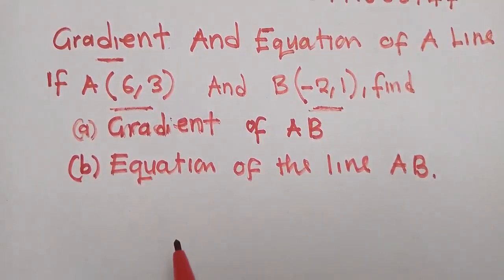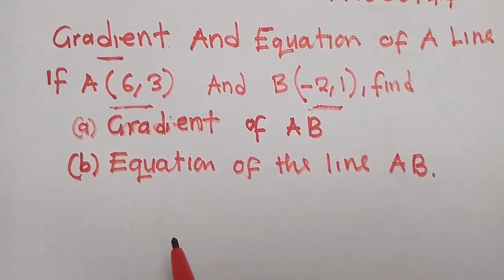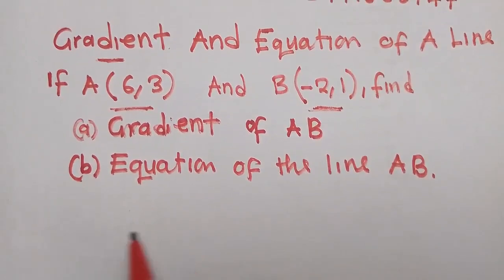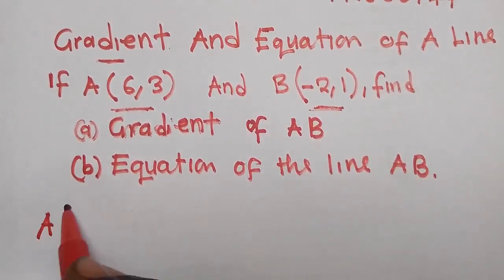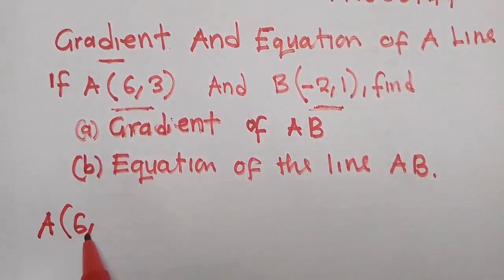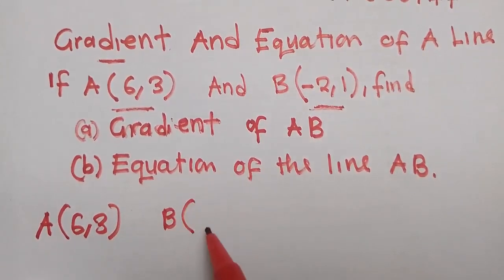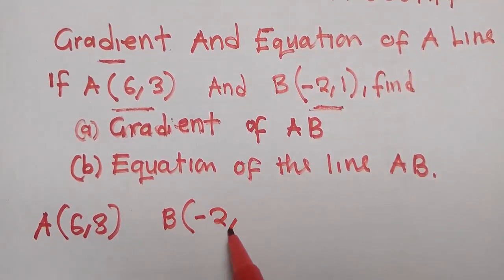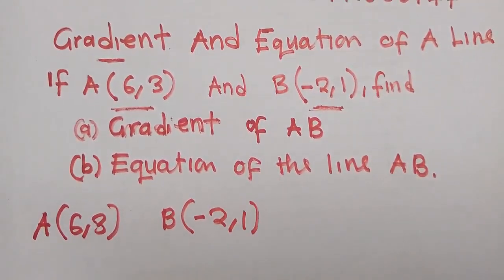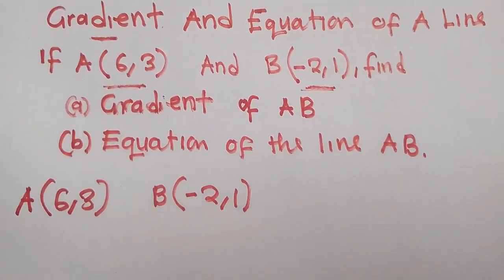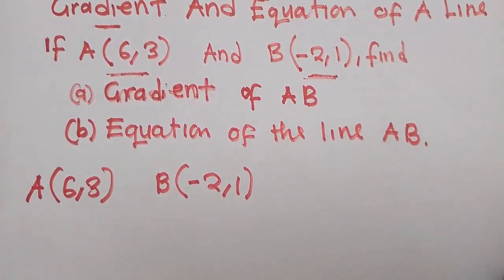You need to get the 2 coordinates which are given. Coordinate A is 6,3. B is negative 2,1. These are the 2 coordinates which we are given.